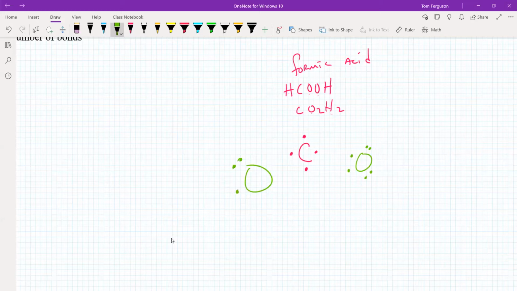Now, the pairs don't bond because there are already 2 electrons. Only the singletons are going to bond. So I'm putting the pairs on the outside because they're not going to bond. Okay, and then we have 2 hydrogens as well.